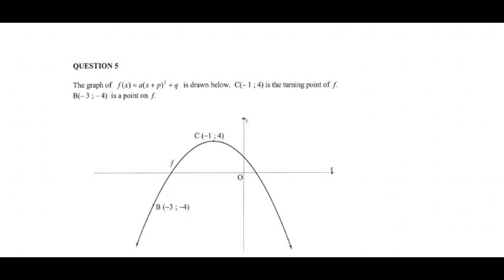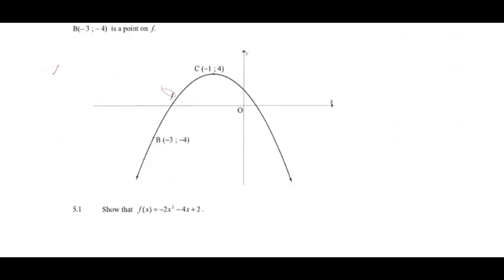And B is (minus 3, minus 4), a point on f. So we have a point C and point B, and we have a function f. Show that f of x equals minus 2x squared minus 4x plus 2.